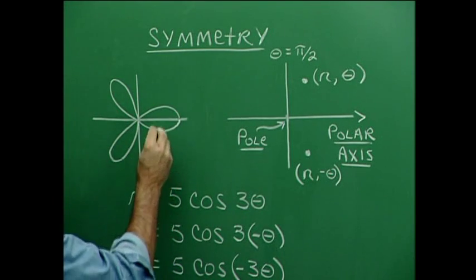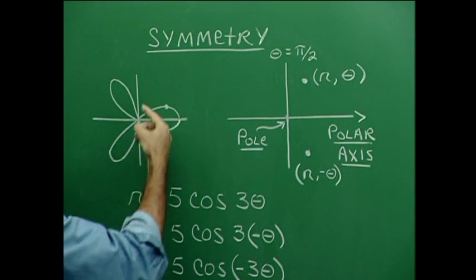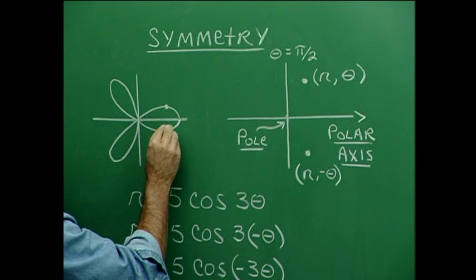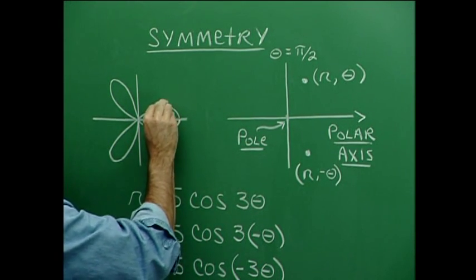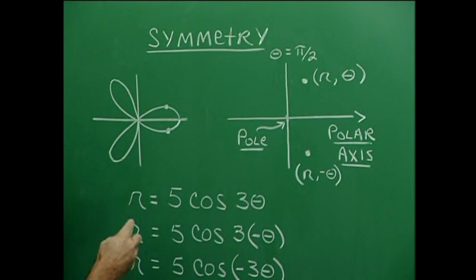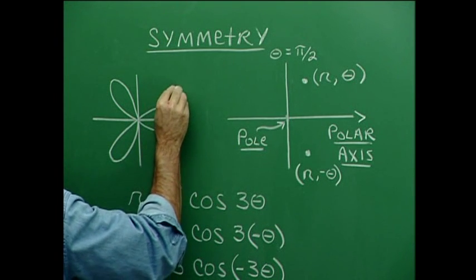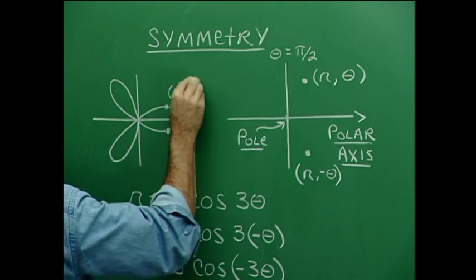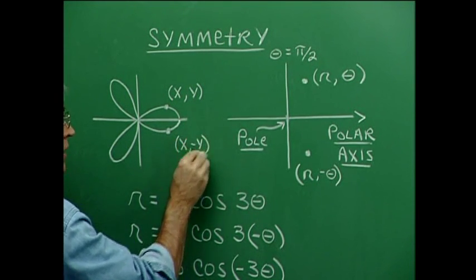And that folding onto itself leads us to the idea that a point in this position will fold onto a point in this position, and that points on a graph correspond with truth in the equation. So let me use the xy plane for a second here. If (x, y) is on the graph, then (x, -y) is on the graph.